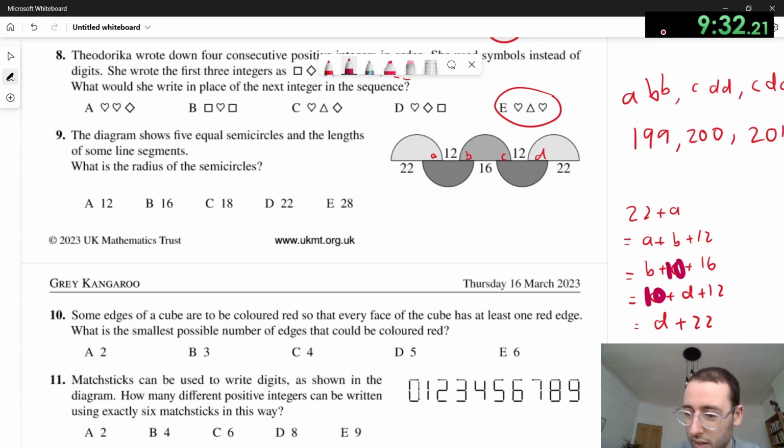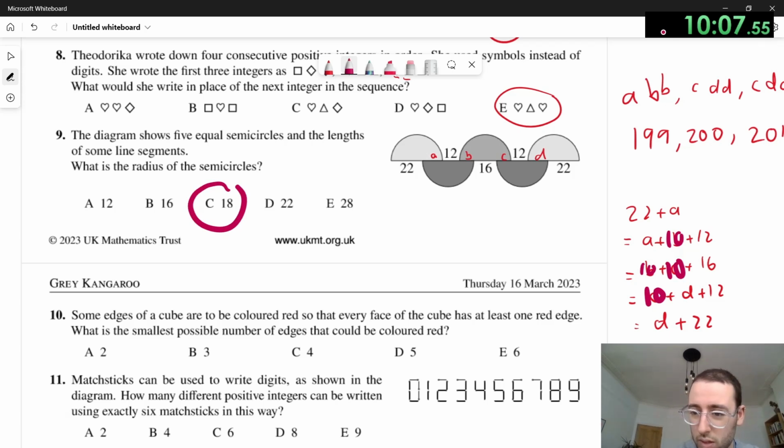If that's 10, then B has to be 6. Oh wait, okay. B, wait, what? 22 plus A, so B has to be 10. So the whole, so it's 26. No, 36. No. Oh, it's the radius, so it's 18.